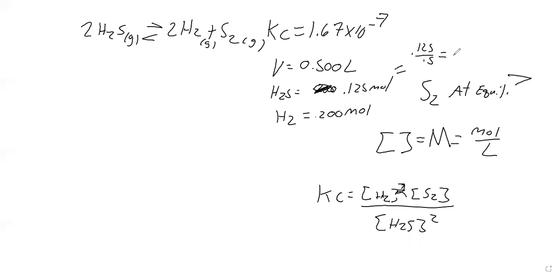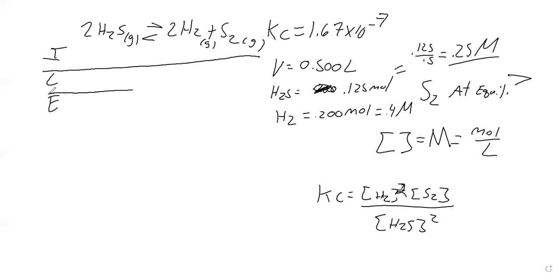Yep, so that's 0.25 molar. And for H2, if you do the same thing, that's 0.4 molar. So those are our starting concentrations. It's not the moles, it's the molarity. That's what we use for our ice tables.